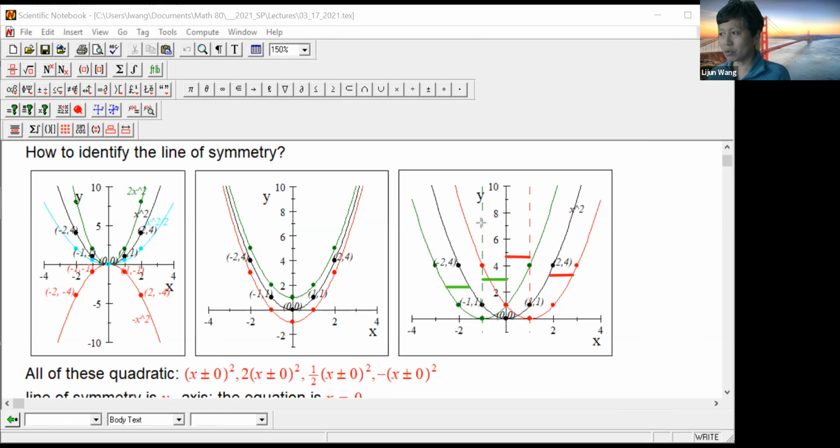Now let's see what the lines of symmetry are. What is the line of symmetry for this green broken line?